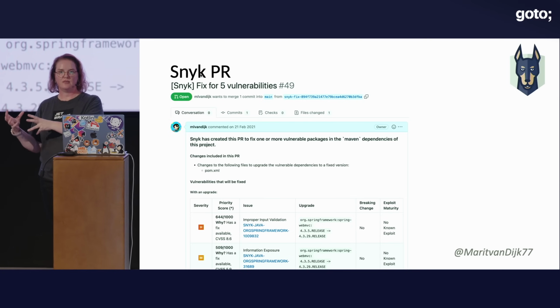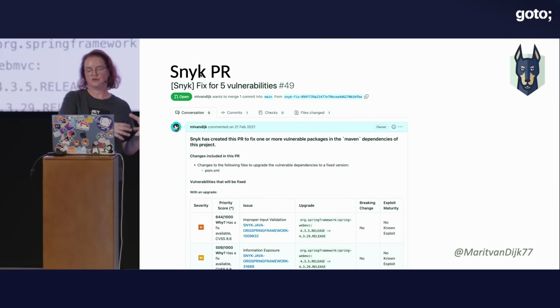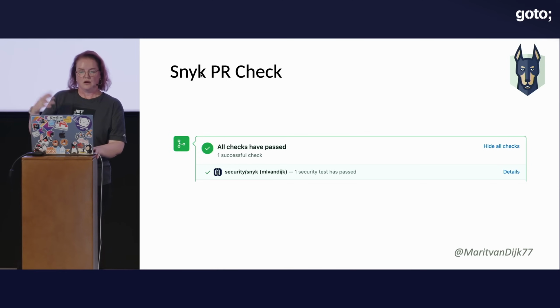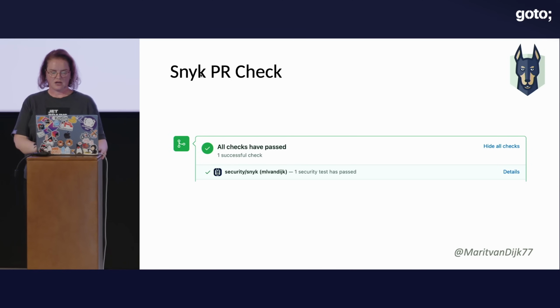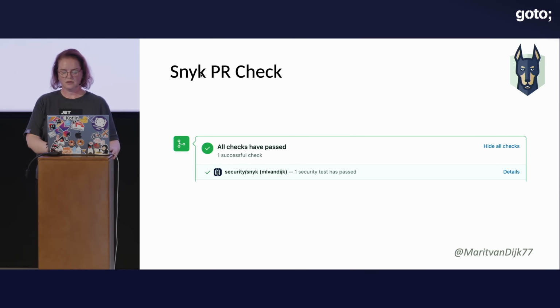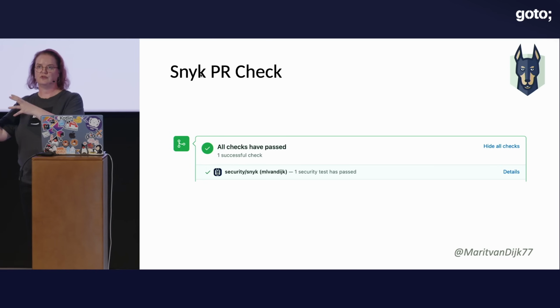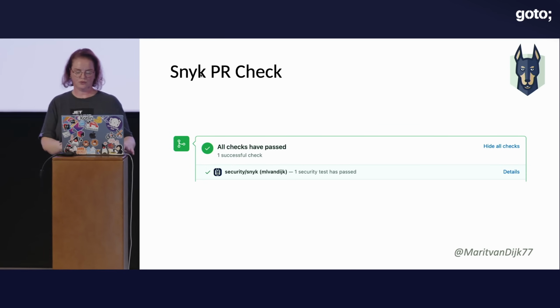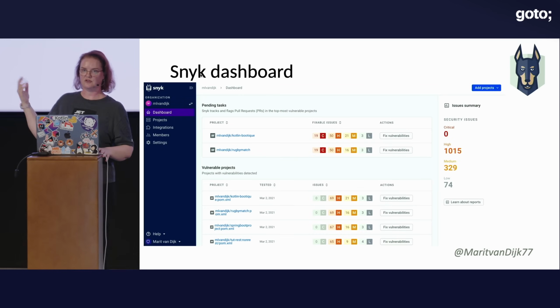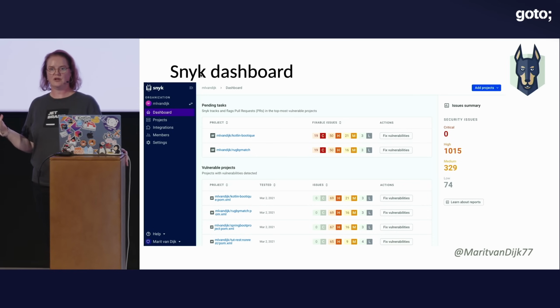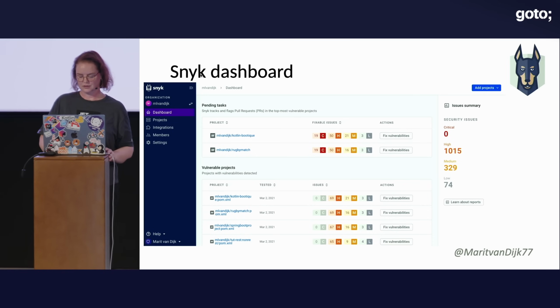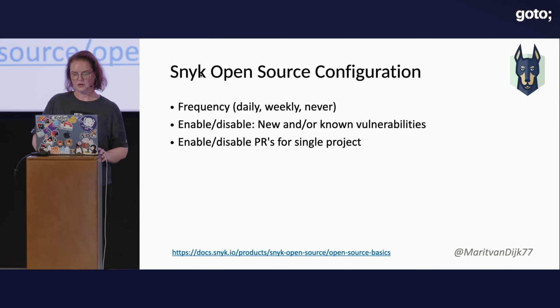Snyk does that by default. Renovate can be configured to do that. Of course, they have the PR check on incoming PRs, checking them for vulnerabilities, that the other two don't. And as I said, the dashboard looks slightly nicer than the Renovate dashboard.